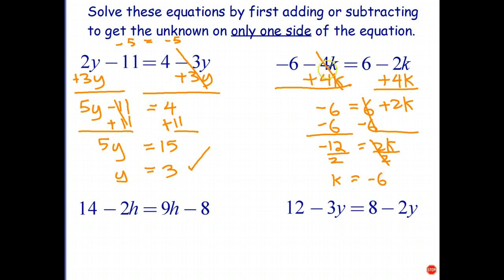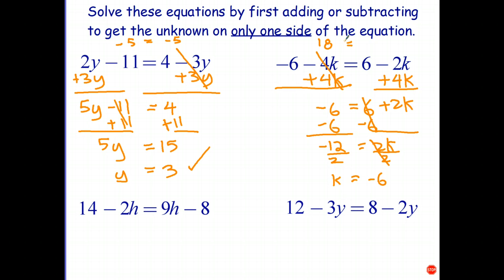Okay, let's check this. This is a little bit trickier. 4 times negative 6 is negative 24. Negative 6 subtract negative 24 is the same as negative 6 plus 24, which gives me 18. Hopefully I've done that correctly.